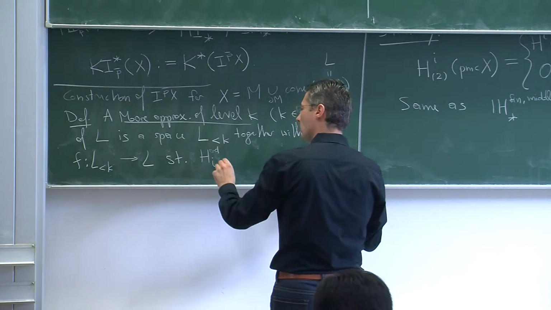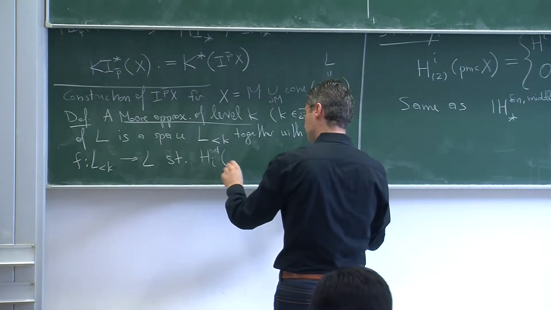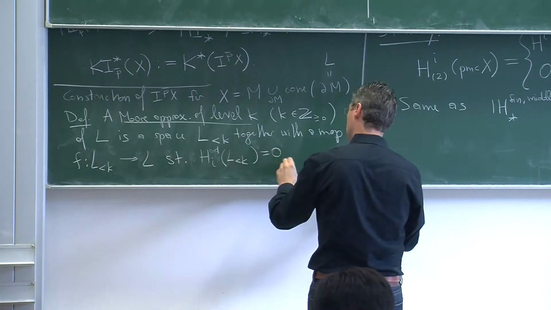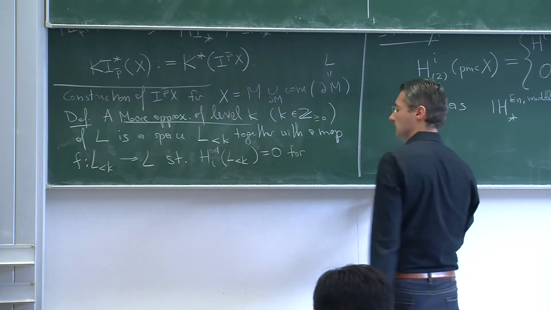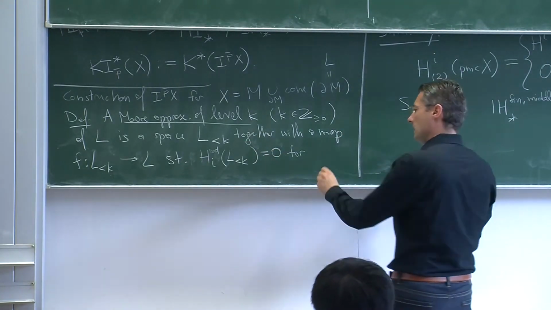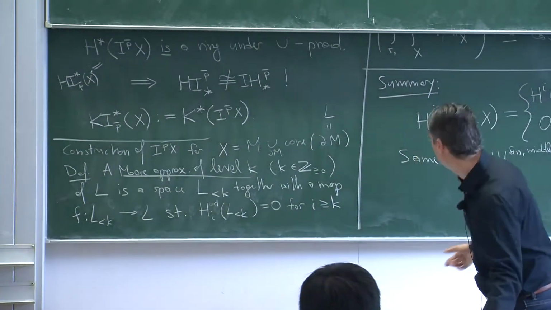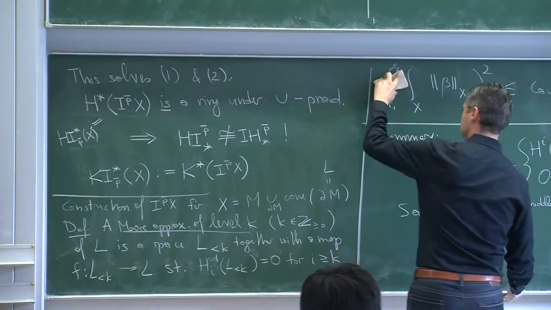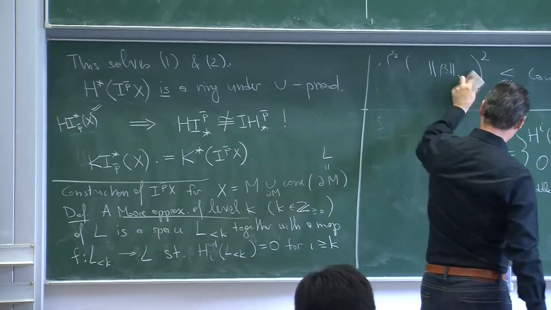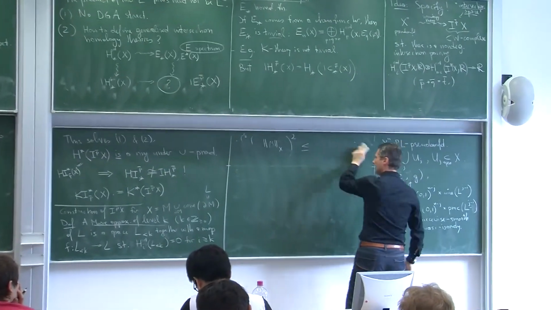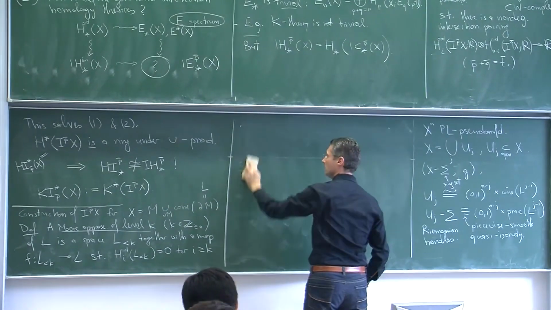The ordinary homology of L less k is 0 when i is greater or equal to k, and in the other range of degrees, the map F induces an isomorphism.